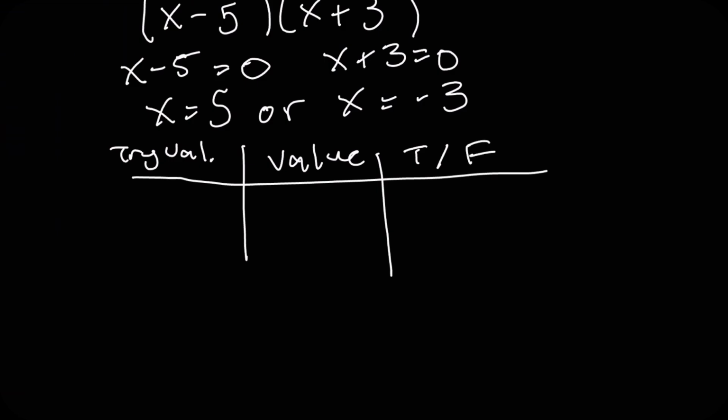So some try values, we'll say negative infinity to negative 3, and then also negative 3 to 5, and then finally we will have 5 to infinity.